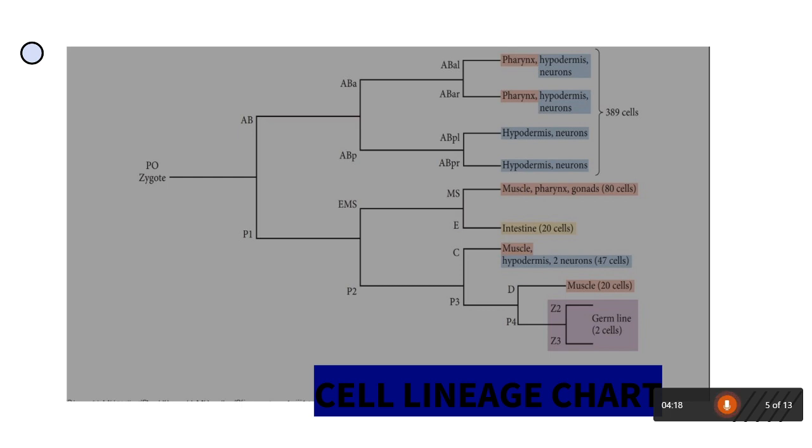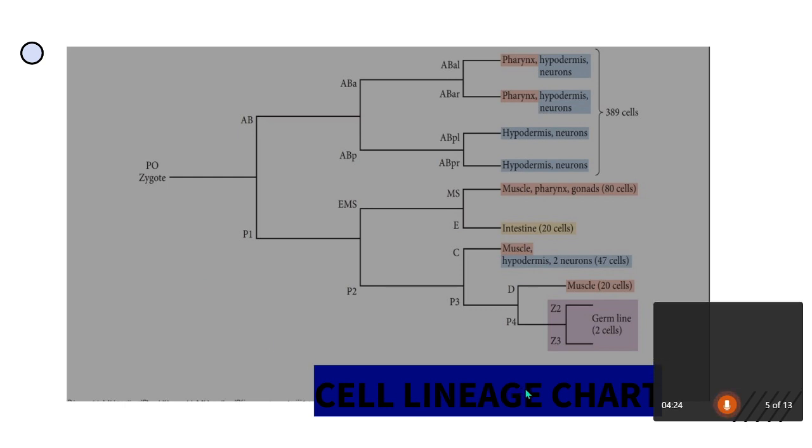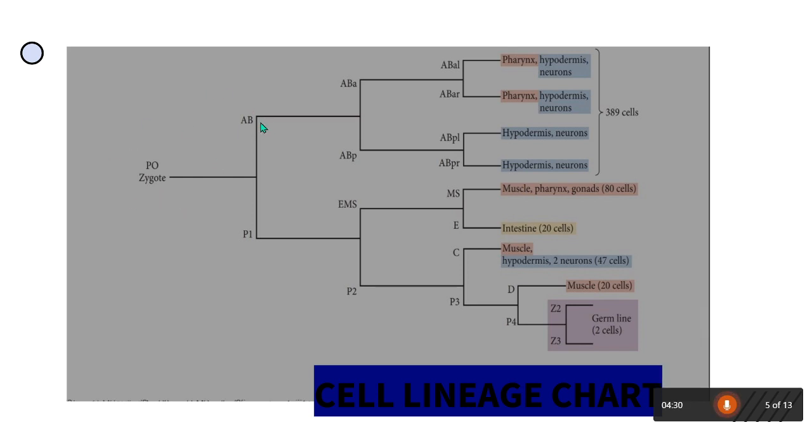So look into the cell lineage chart. There is a zygote. It is cleaved into AB and P1. Then AB is cleaved into ABa and ABp. ABa is cleaved into ABal and ABar.